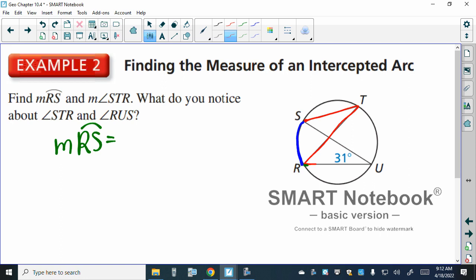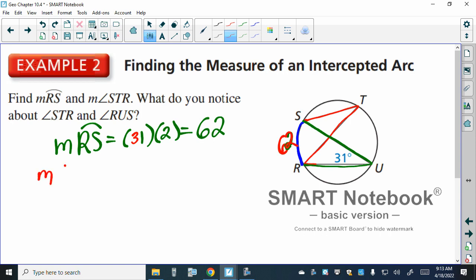Right, because 31 is the inscribed angle that composes it. So we would take 31 and multiply it by 2, which would give us 62 as the measure of arc RS. Now to find the measure of STR, what are we going to do?